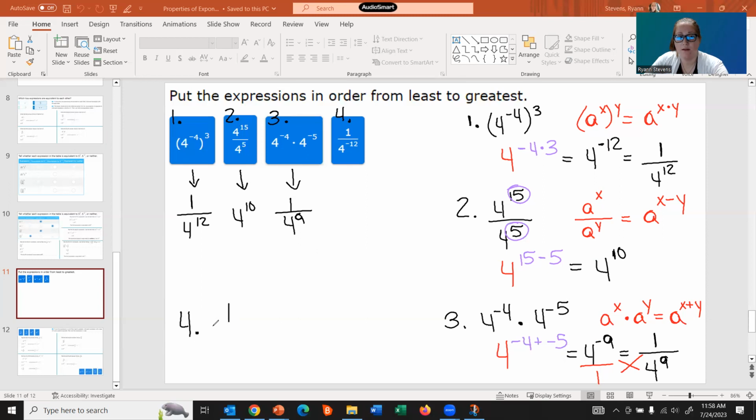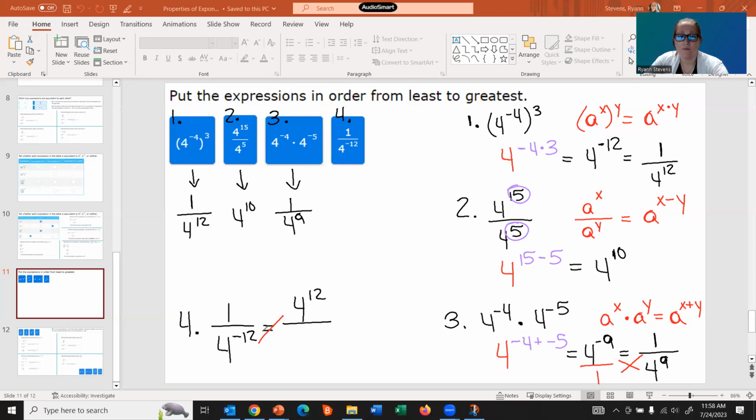we have 1 over 4 to the negative 12th power. In this one, we're just going to use the negative law of exponents because we have this negative exponent in the denominator. So again, when you have a negative exponent, whether it's in the numerator or the denominator, you would flip it to the other one, and that's where it would be positive. So in this case, this 4 to the negative 12 is going to move to the upstairs, we could say, okay, 4 to the 12th power now.